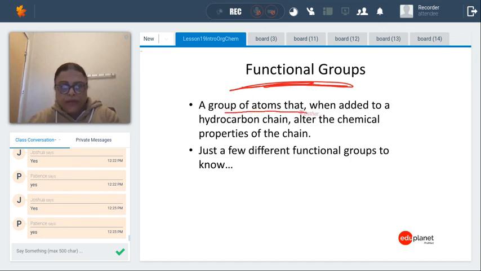A group of atoms that when added to the hydrocarbon changes completely the properties, all of the properties, the physical properties, the chemical properties, everything. And you saw that there is a whole list of functional groups, and we're going to talk about all of them in the near future.